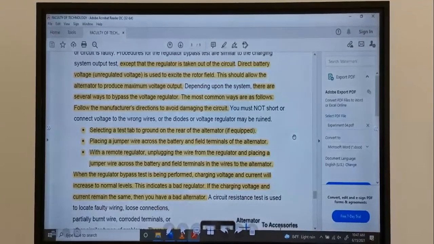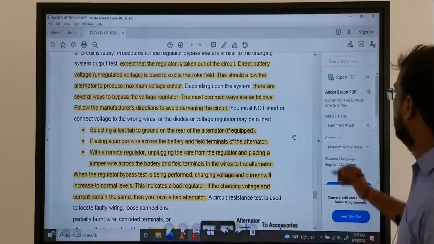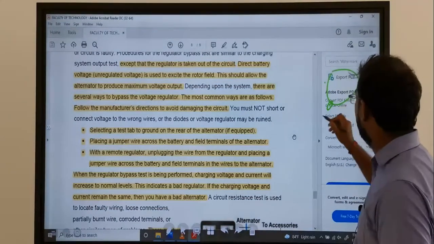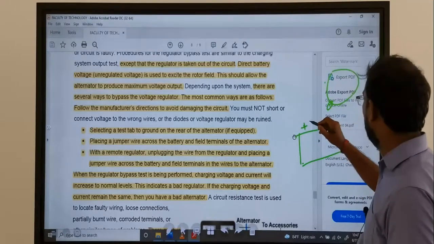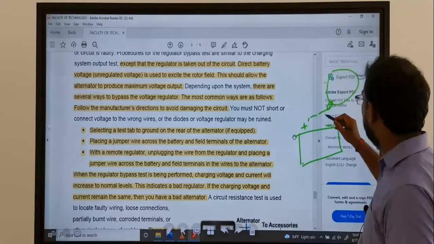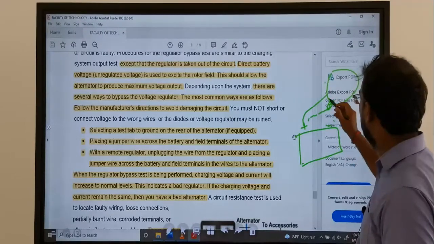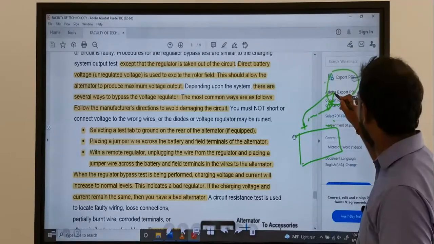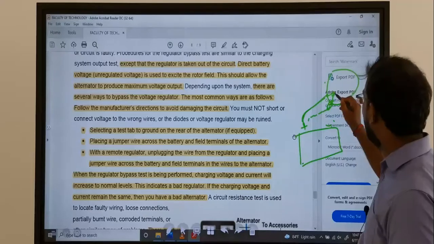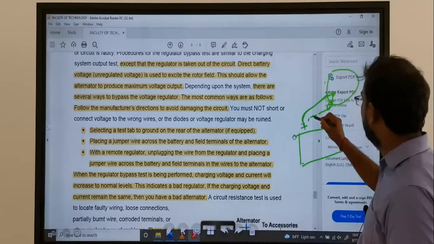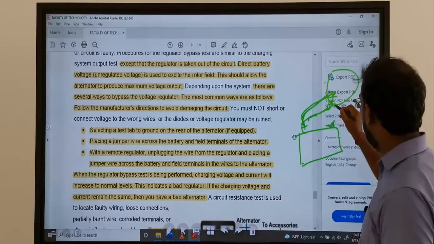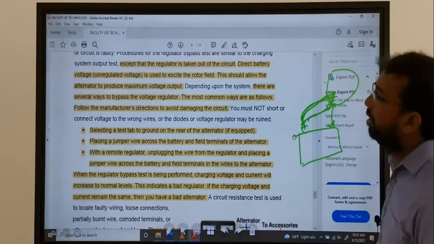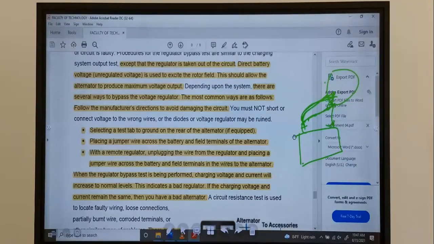Normally the current goes through the regulator like this, but with the jump wire we give the supply directly after the regulator, so it is like we straightaway give the current supply.